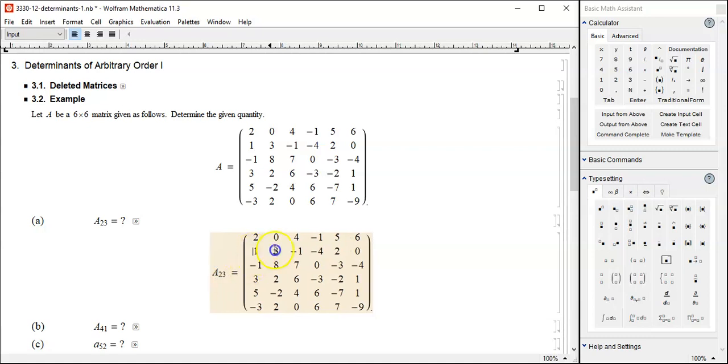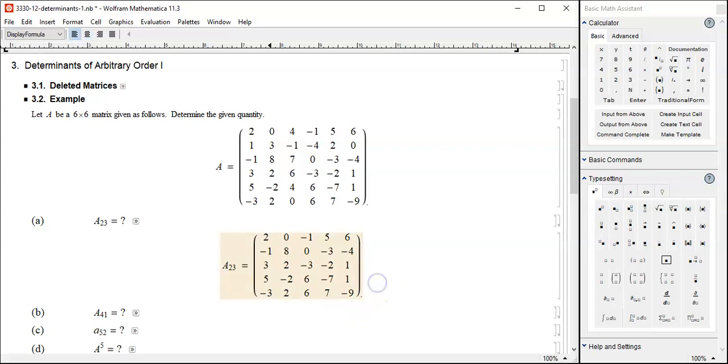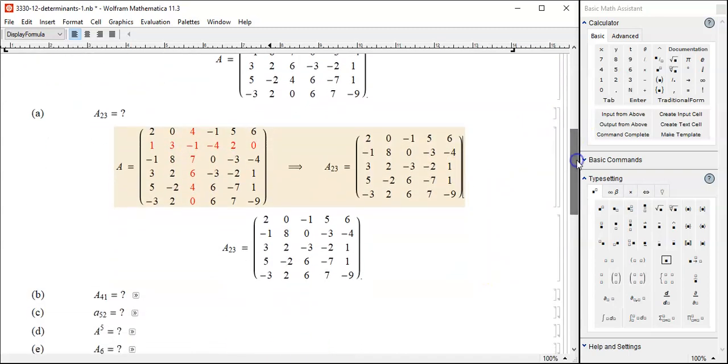Second row out. Third column out. And that's the deleted matrix A 2, 3. Second row, third column out, and what's left is the deleted matrix. It's easy.